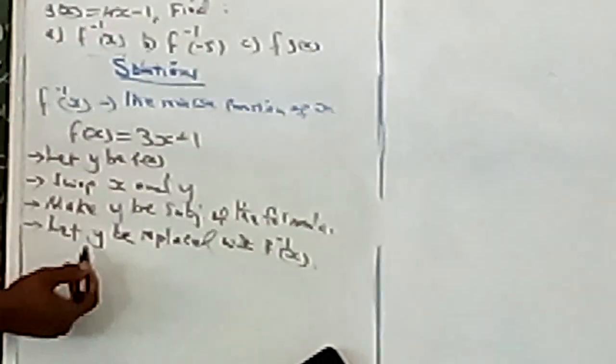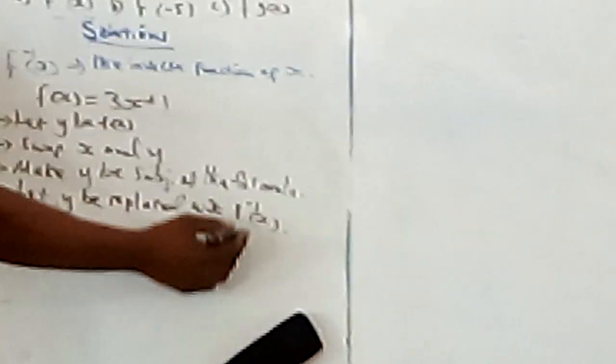So we are saying let y be replaced with f inverse of x. Meaning when there is y, we simply put this one in. That will be the answer, basically.